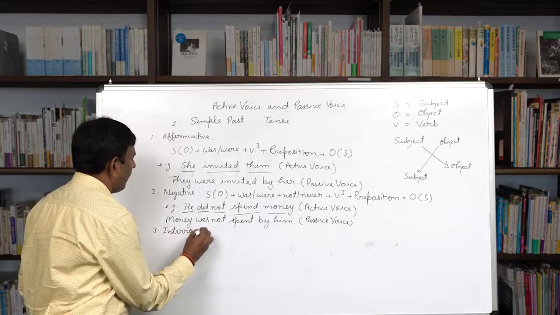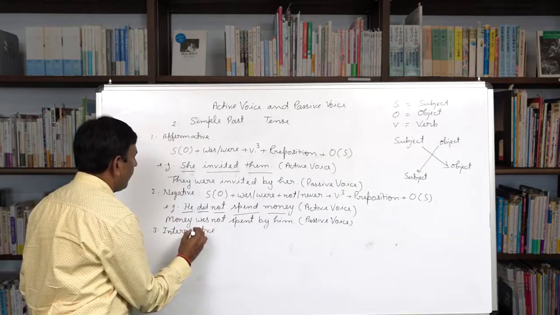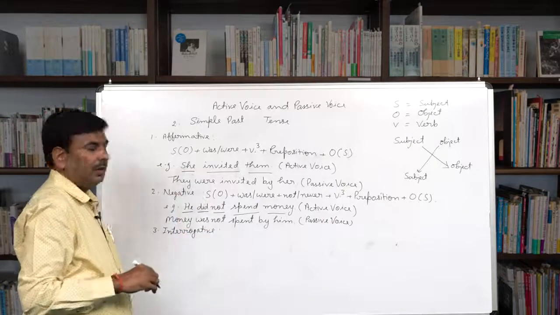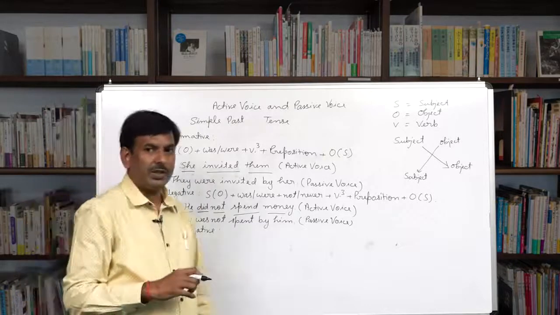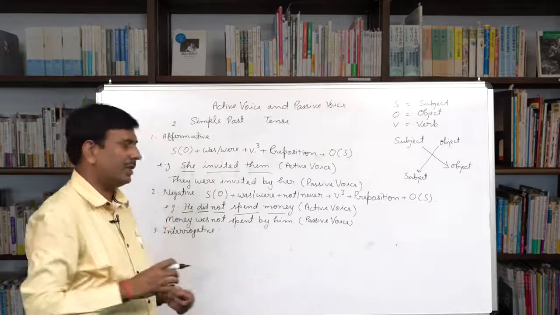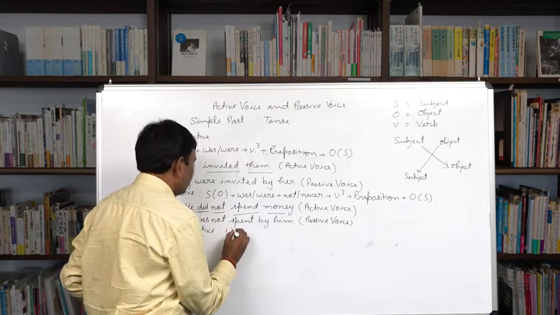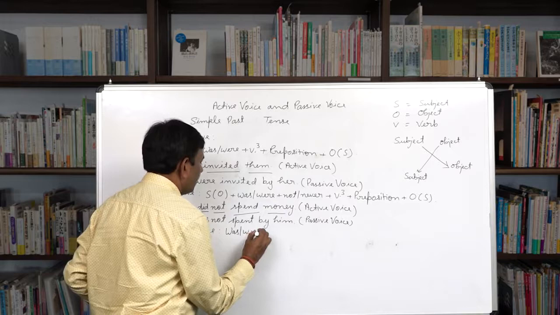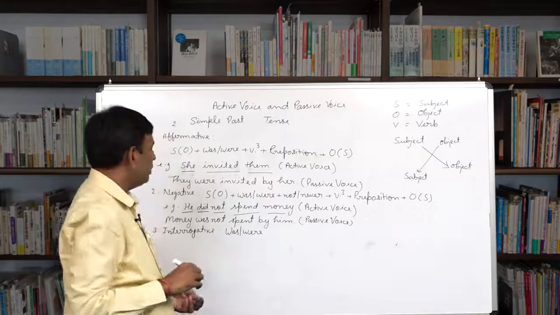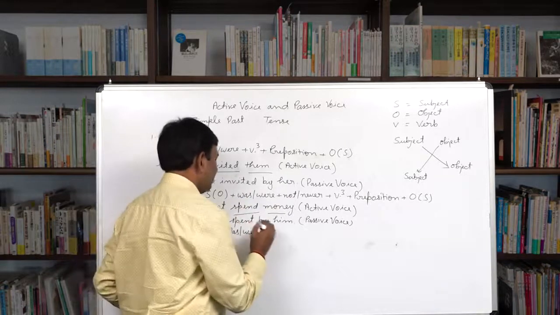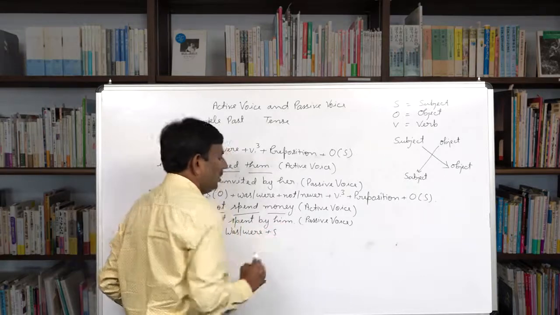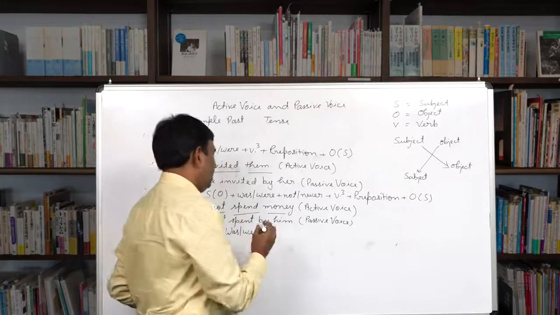Interrogative. Interrogative is also a kind of sentence in which we ask questions. So, was or were are to be used in the beginning of the sentence according to the number of subject.